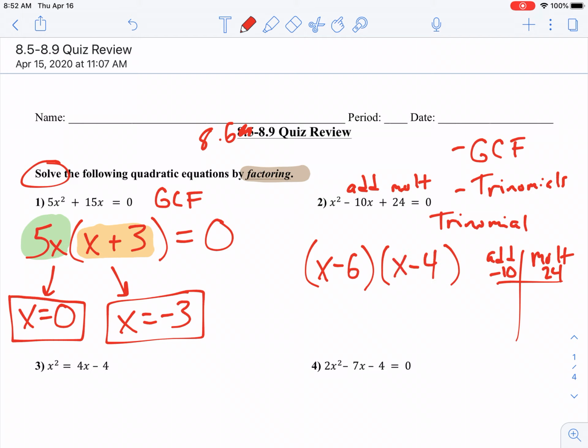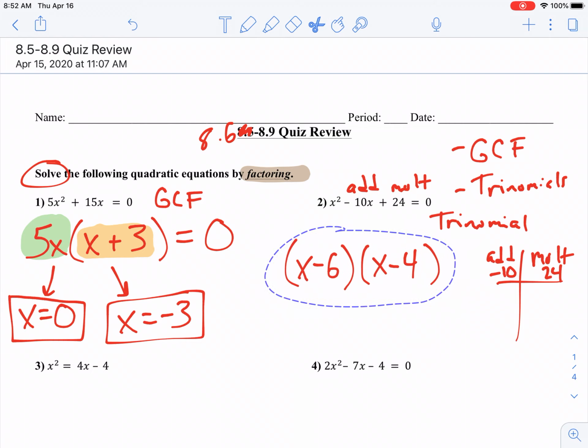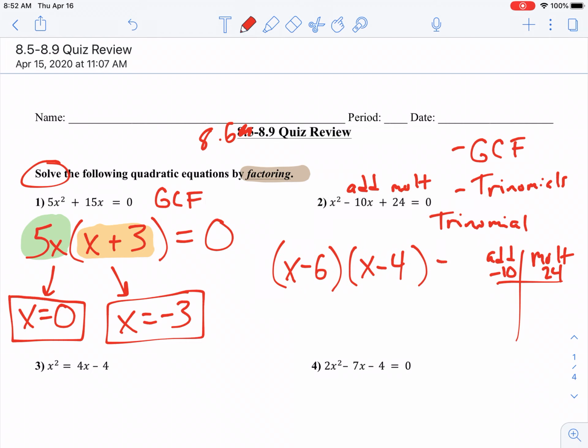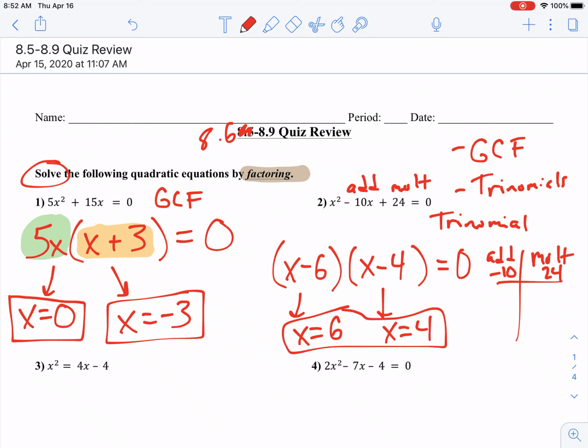Now that is factored. Now we just have to solve it. So if you want this thing to equal 0, then which two numbers for x will make it equal 0? Well, very easy. 6 and 4. That's it. Those are your two solutions. Okay? So now it is solved by factoring.